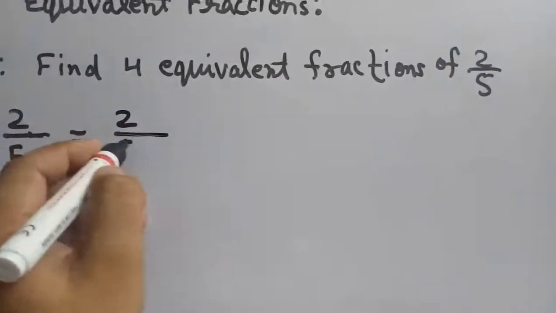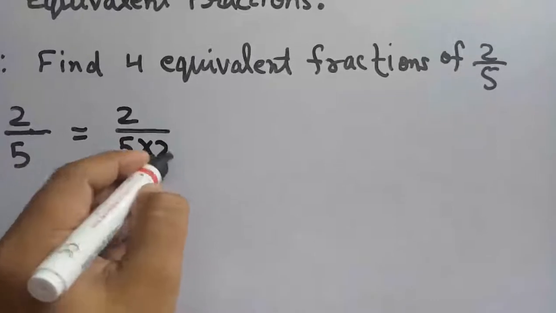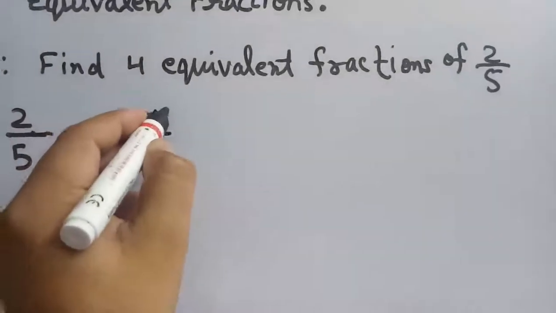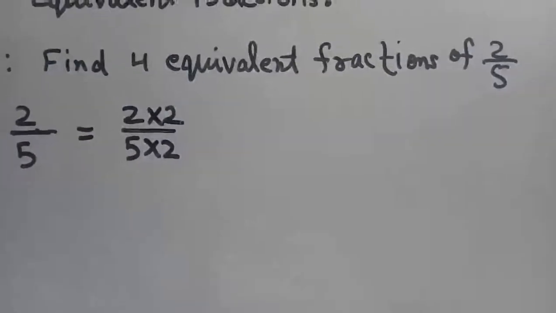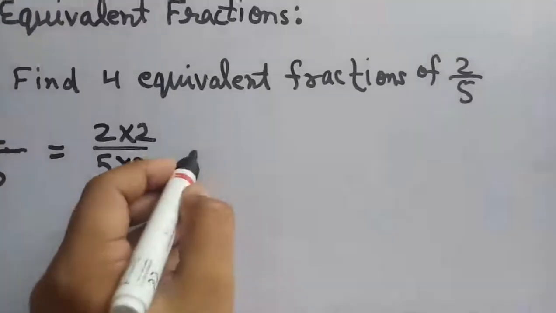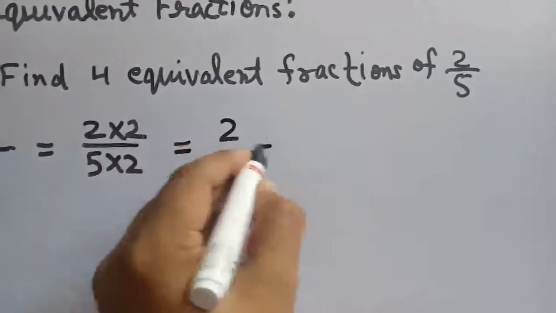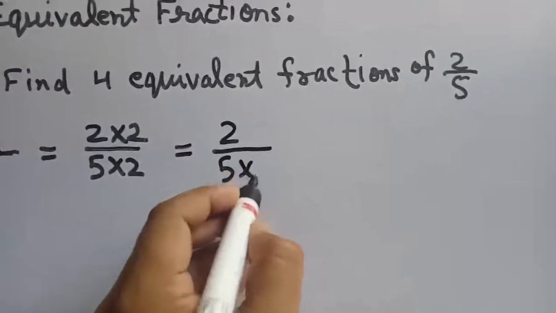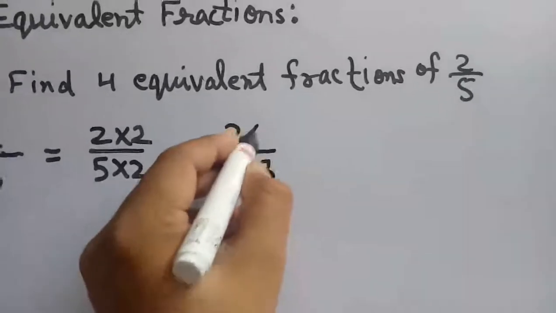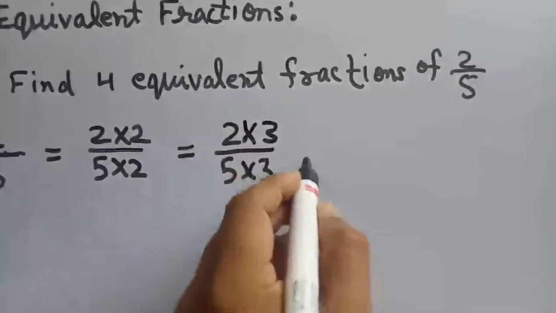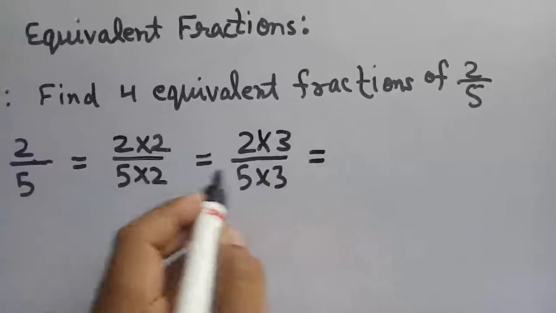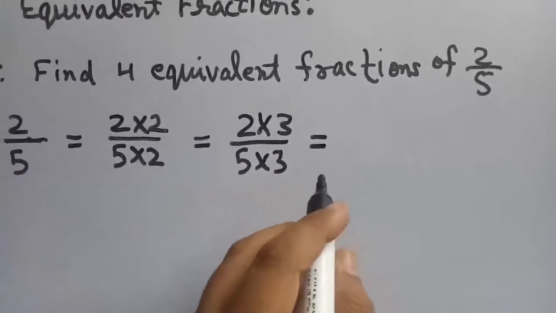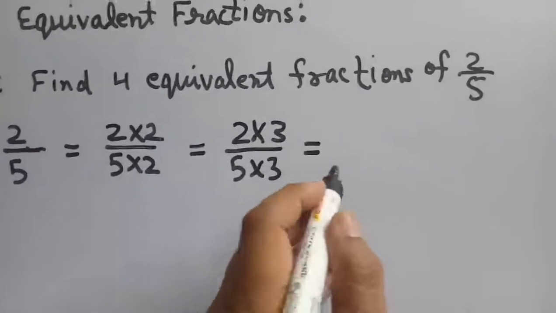2 upon 5 multiplied by 2. 2 upon 5 is multiplied by the same number in numerator and denominator. 1, 2. We need to find 4 equivalent fractions.